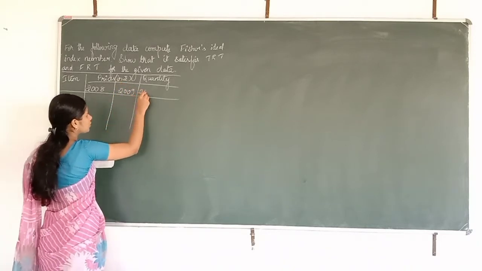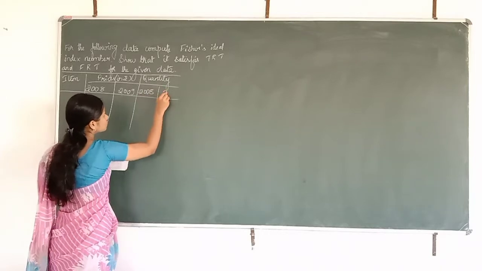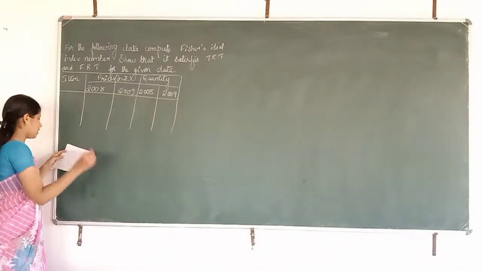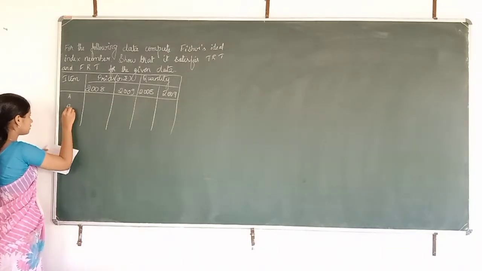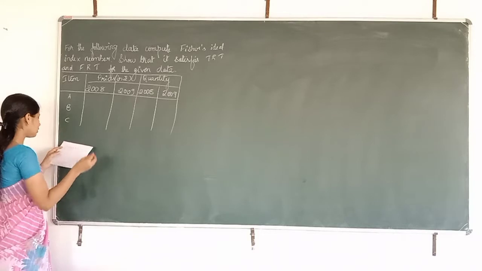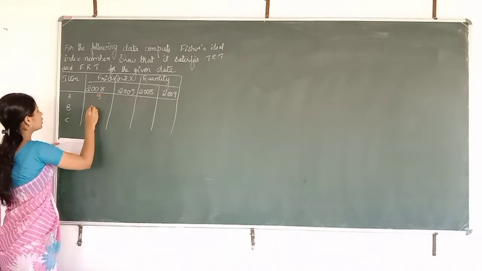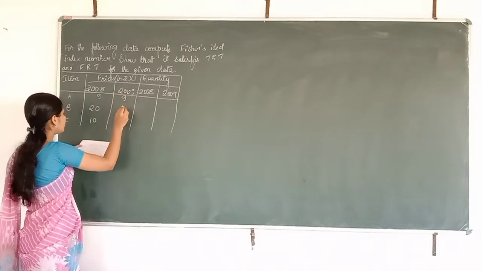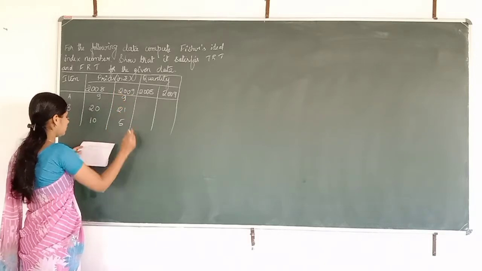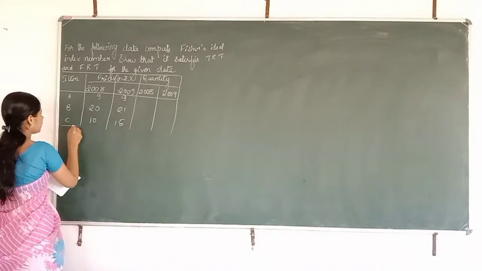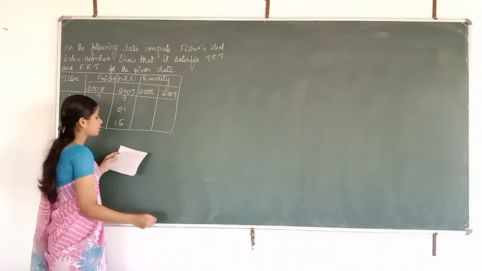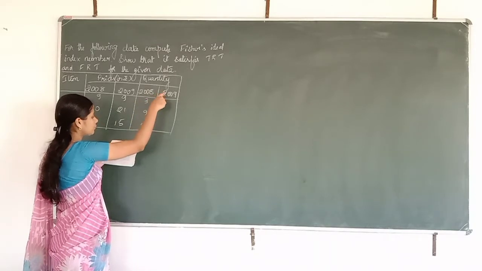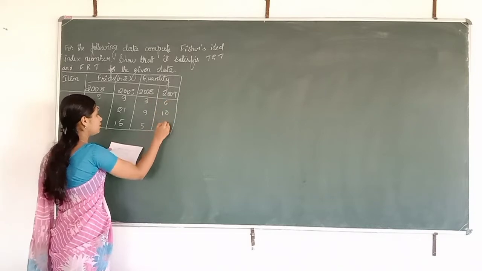Next quantity 2008, 2009. Items are A, B, C. 2008 prices are 9, 20, 10. 2009 prices are 9, 21, 15. Quantity of 2008 are 3, 9, 5 and quantity of 2009 are 6, 10, 6.